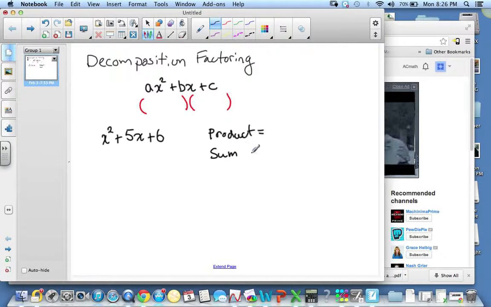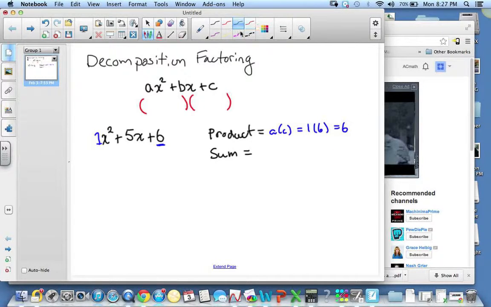Now, the product is literally the coefficient in front of the x squared part, or in other words, the a constant. In this case, we've got a hidden 1 out here. And you multiply the a value times the c value. So really, it's a times c. In this case, 1 times 6, or 6.